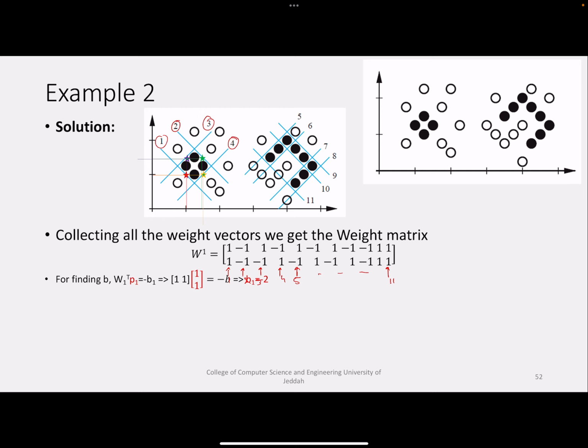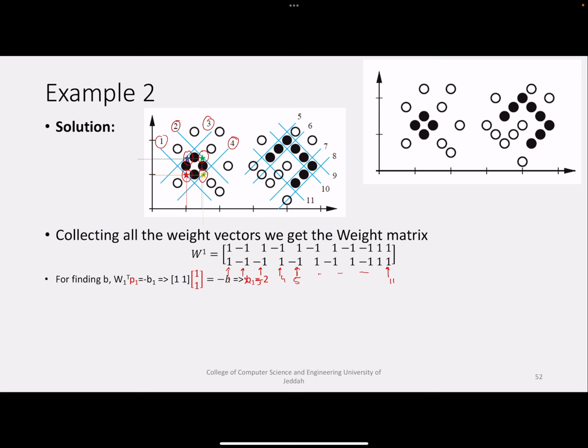We pick 4 points, 1 on each of them. So we pick this red one on decision boundary 1, this green one on decision boundary 2, this purple one on decision boundary 3, and this yellow-green one on decision boundary 4.